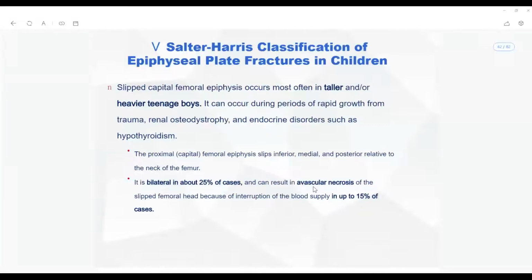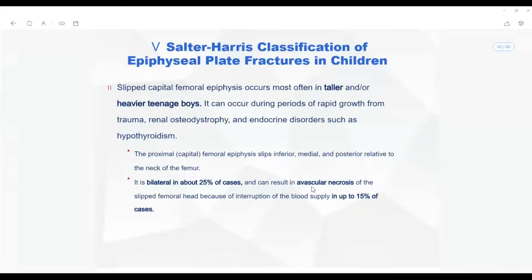Most of the time the epiphysis acquires its blood supply from the distal to the proximal regions, because the main arterial supply to the bone is present in the diaphysis, which is present distally.